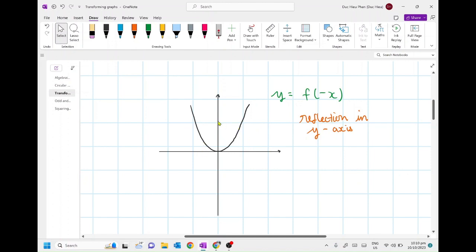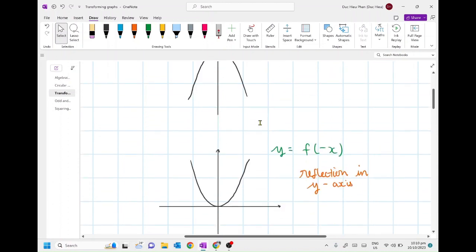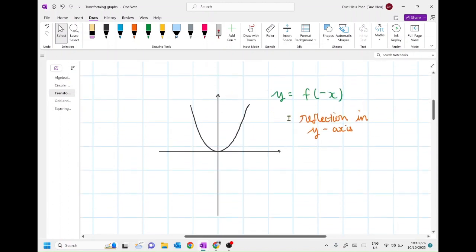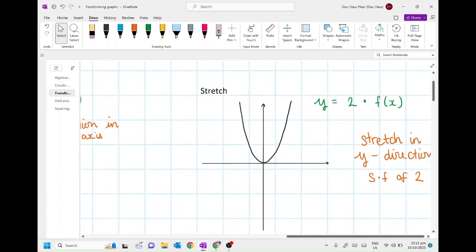Negative 1 squared is 1. Let's say 2. 2 times negative 1 equals negative 2. Negative 2 squared equals 4. And that's why this part is 4. But this is a bad example in terms of reflection. All you need to know is that when you times x by minus 1 before putting it into the equation, you are reflecting the graph in the y-axis.